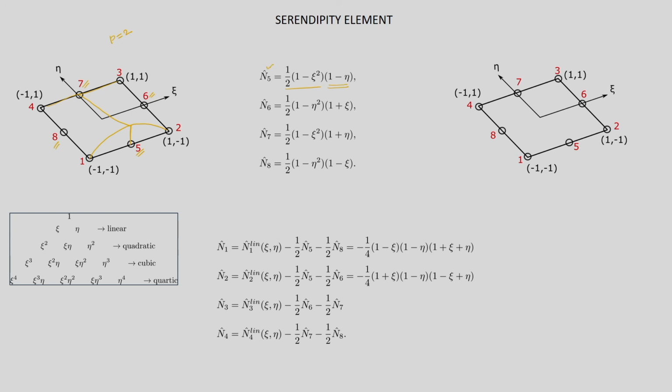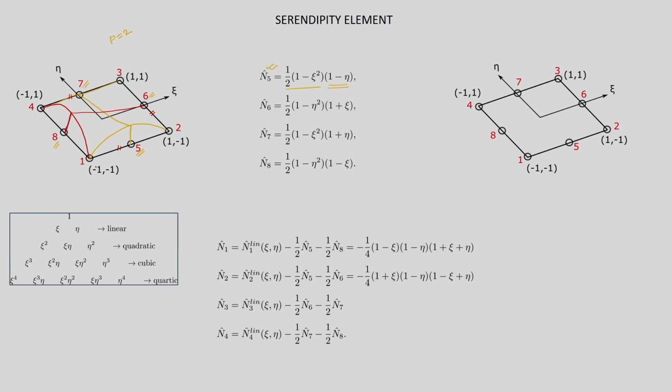So, that constitutes N5. Similarly, if I look at N8, this varies quadratically with eta, becoming 0 at the sides eta equal to plus minus 1, and linearly varying with xi to 0 at xi equal to 1, and it has a value of 1 at node 8.